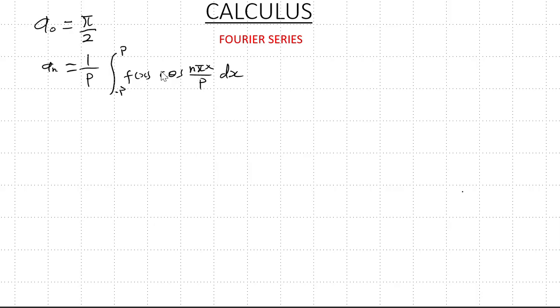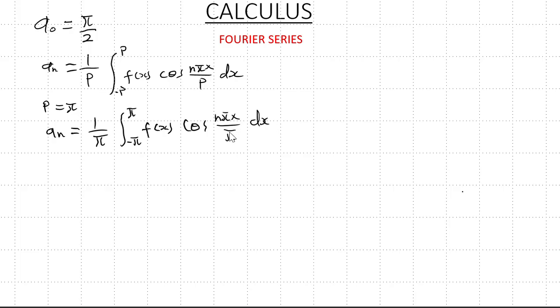Now we already know that our p is equal to pi. So let's plug the pi in. It's equal to 1 over pi integral of negative pi to pi, then our f of x, we have our cos n pi x over pi dx.